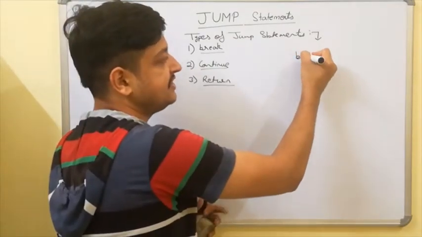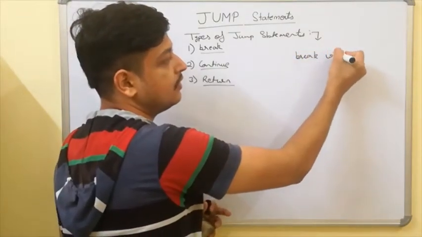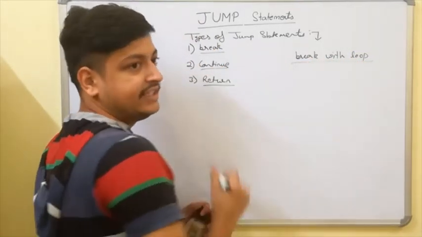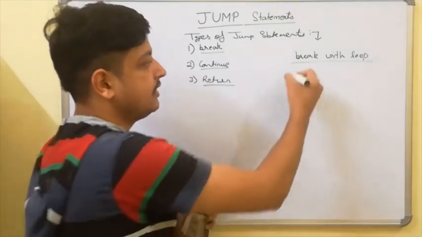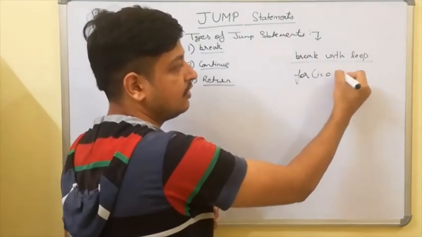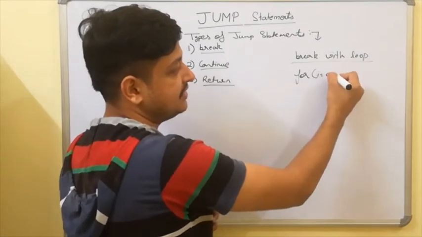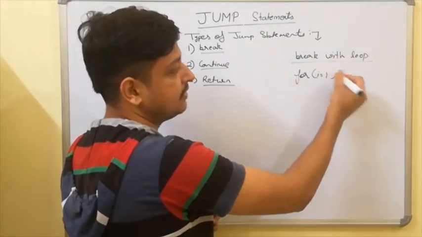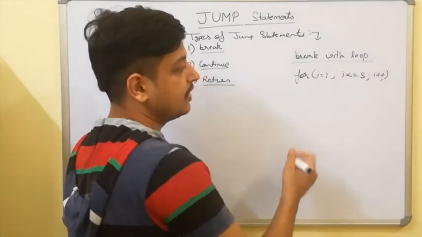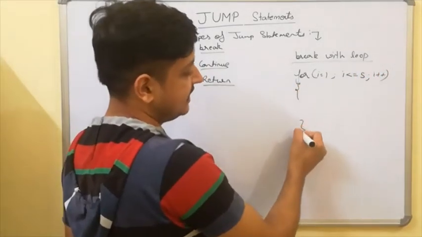So break statement with loop. We will take the example of for, and we will print the values from I equal to 0 to 5. So I equal to 1, I is less than or equal to 5, I plus plus. Now we are checking the value.